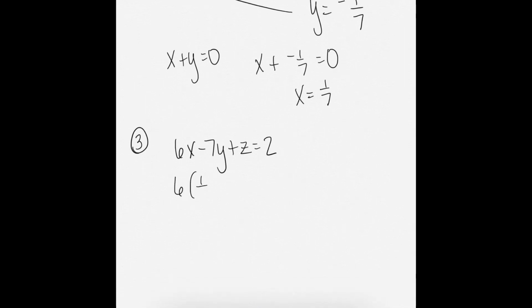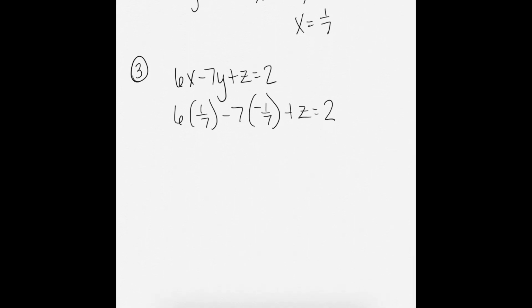So if I plug these two numbers in, I'm going to say 6 times 1/7 minus 7 times negative 1/7 plus z equals 2. So this one gives me 6/7, and then this will give me plus 1 plus z equals 2.